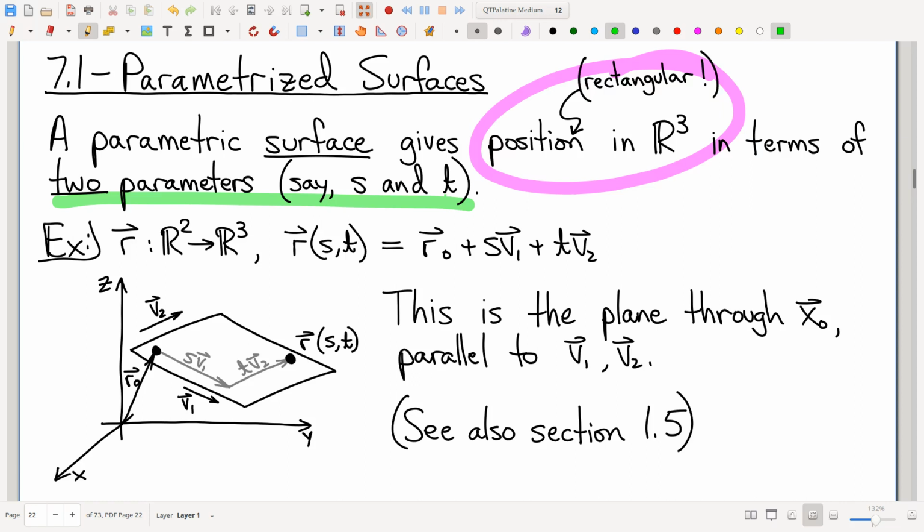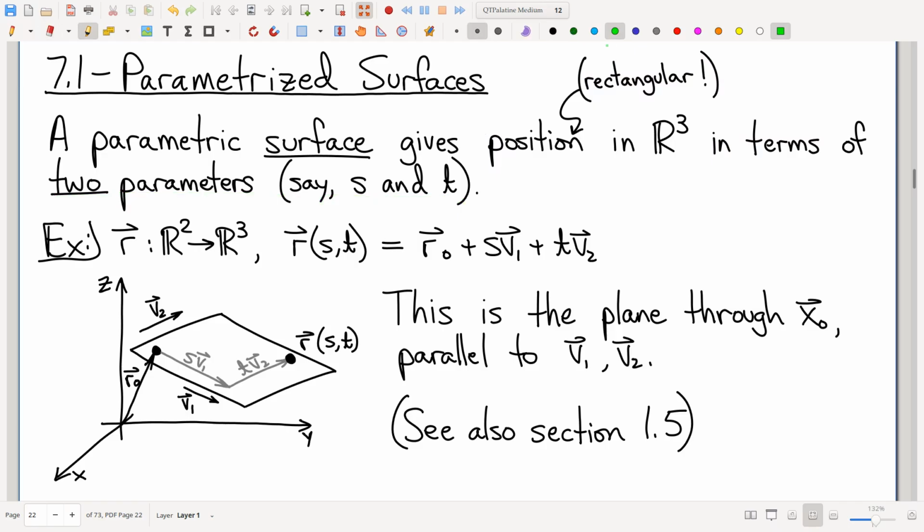And here's the example we've already done before, right? We've talked about if you give me a point and two direction vectors, and if you say, I would like to be able to construct all of the points in this corresponding plane that goes through that point, parallel to these two direction vectors.